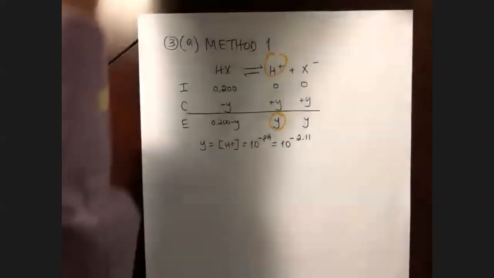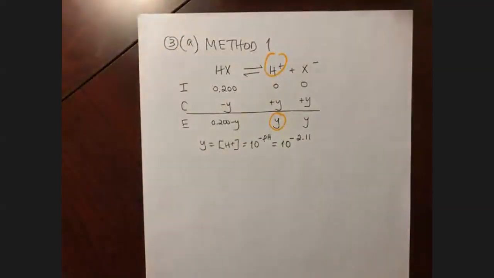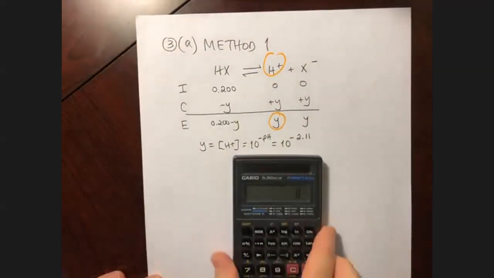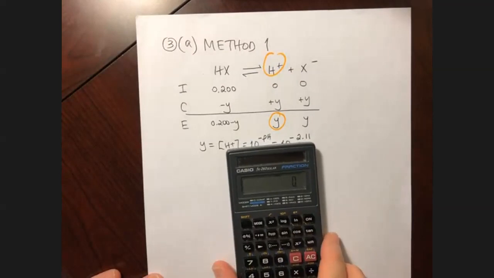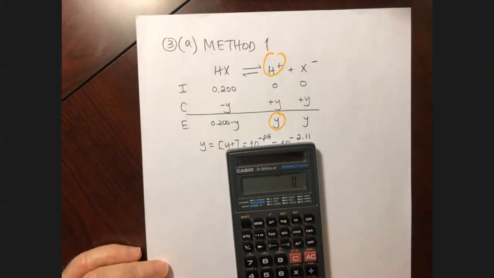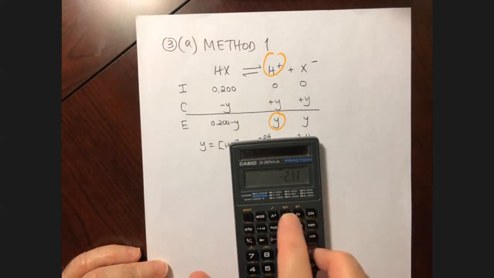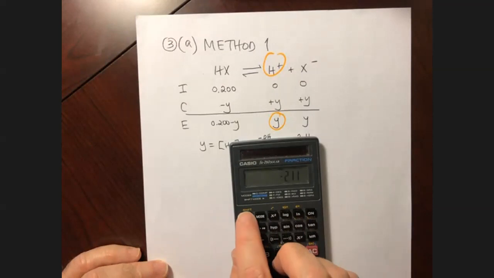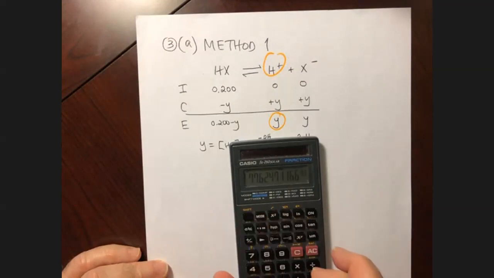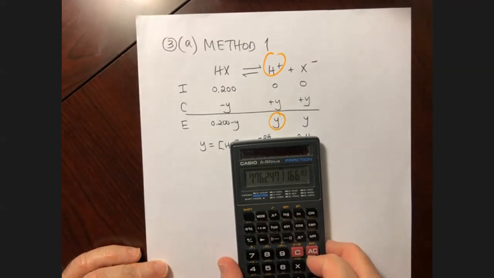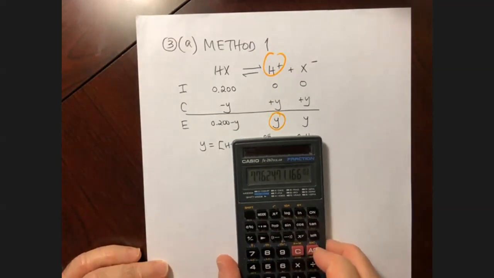Okay, this is where I had to get my calculator out. Say hello to my little friend. Here we go. In my calculator, there's a button for 10 to the whatever that is. And this comes out to be 7.76 times 10 to the negative 3, I believe.